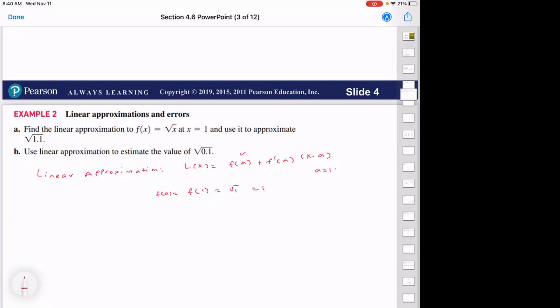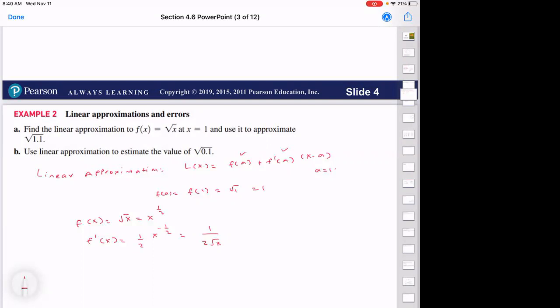Your function is f(x) equals the square root of x, which is x to the power 1/2. You want to find f prime at a, so you want to find the derivative. You bring the 1/2 to the front, x to the power negative 1/2, which is the same as 1 over 2 times the square root of x.